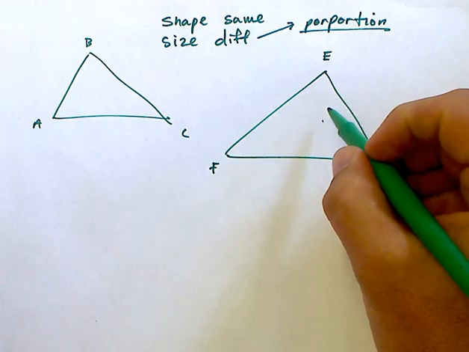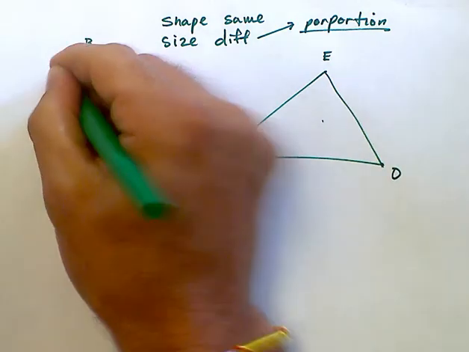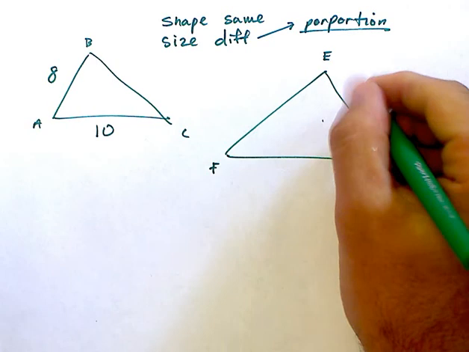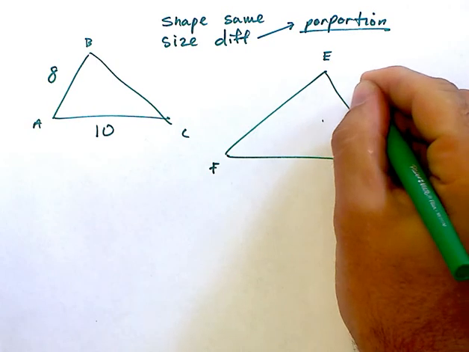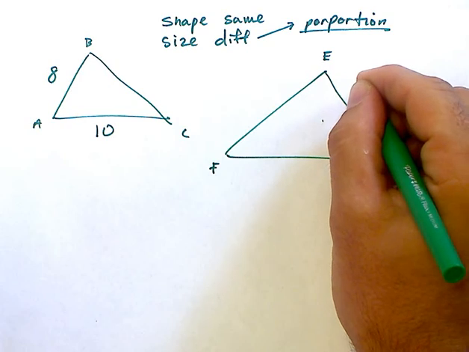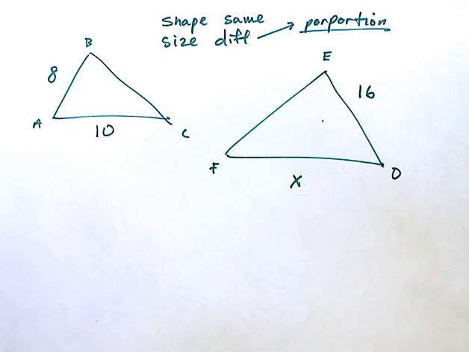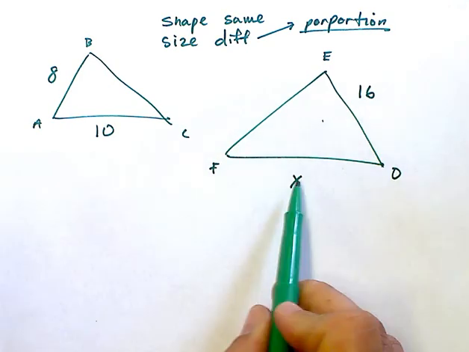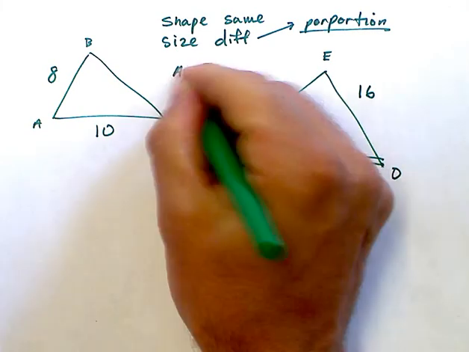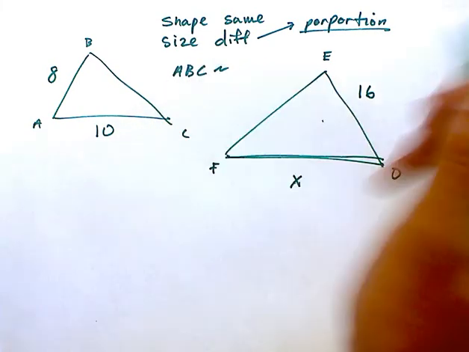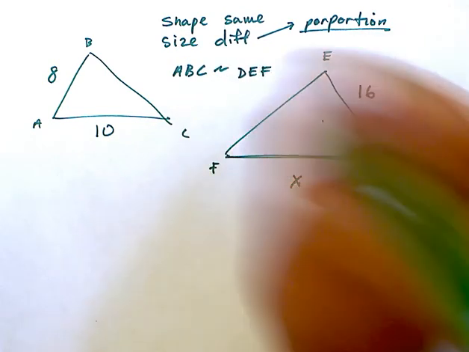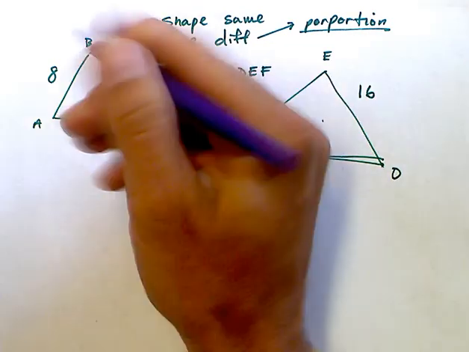Meaning, if I had two sides of one triangle and maybe a third from another, let's try to keep this even numbers. So we'll say, and I'm trying to find what is the value of this side here, and I have a similarity statement. ABC is similar to DEF. One thing I could say is, okay, I have AB.